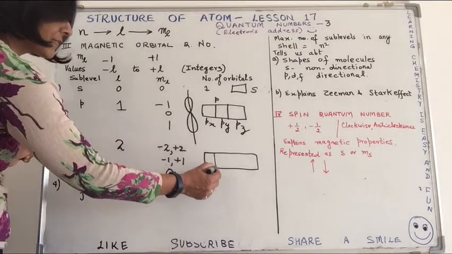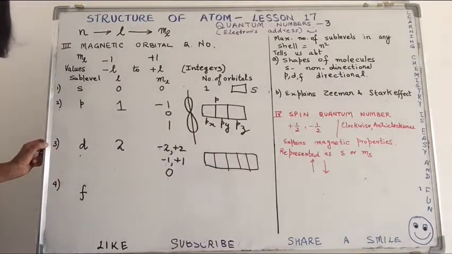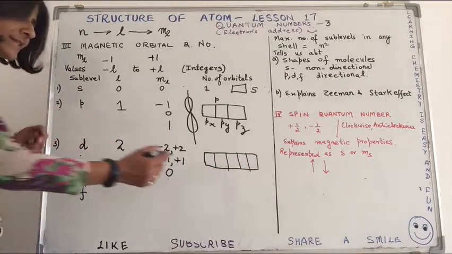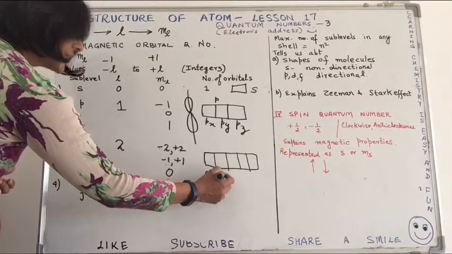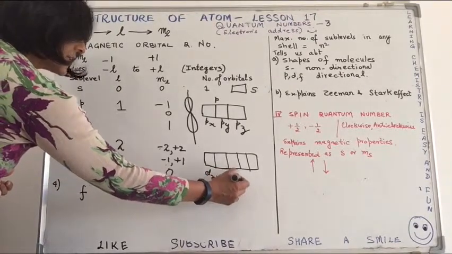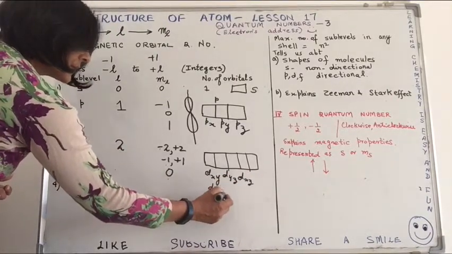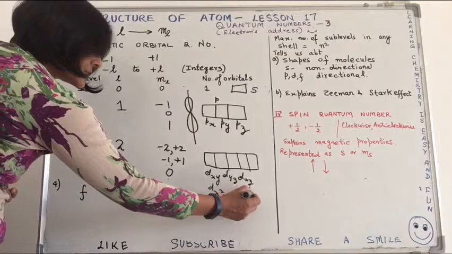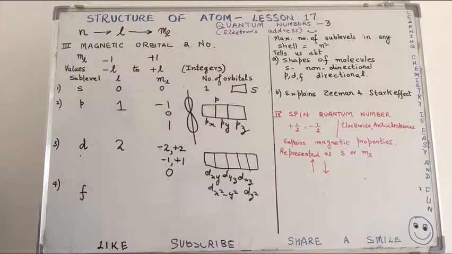Yes, 5. Now, these names also we had done, if you remember from the previous video: dxy, dyz, dxz, dx2-y2 and dz2. All these shapes we have done in lesson number 16.